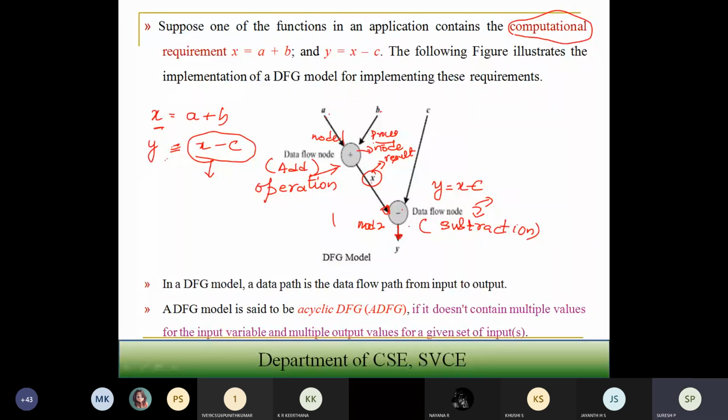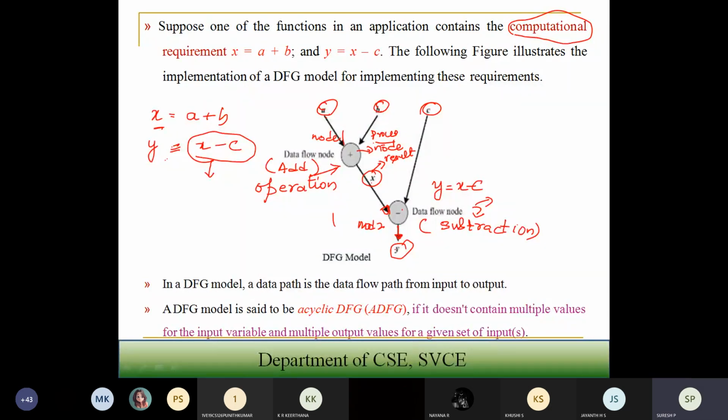Now, whenever you take your data flow graph model, a data path is nothing but a data flow path from input to output. Here the inputs are A, B, and C, and the output is Y. It is nothing but the data flow happening from input to output.